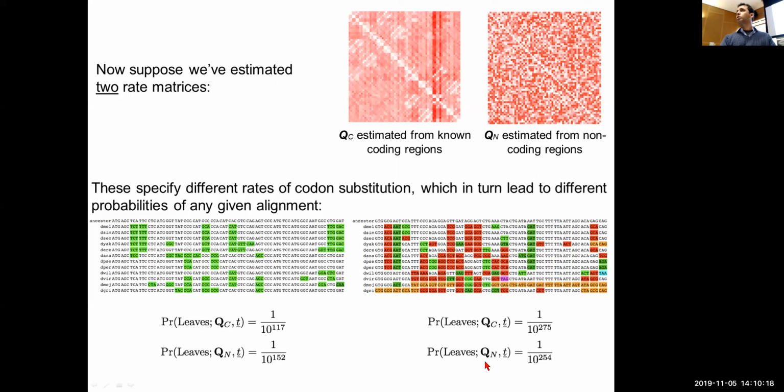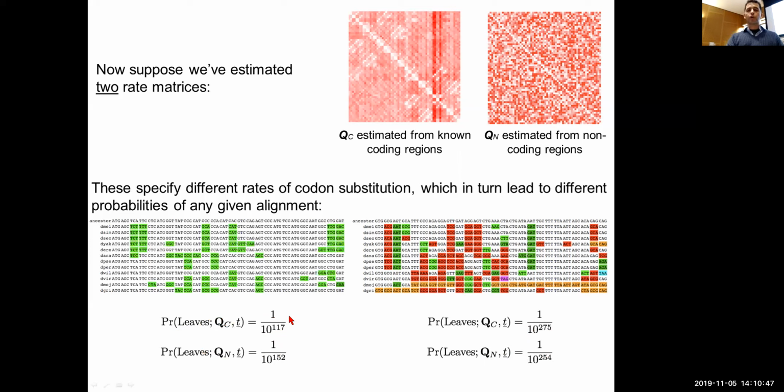This is 10 to the 30 times more likely according to a coding model. 10 to the 30, I mean, that's superbly strong. And this is 10 to the 20 times more likely according to the non-coding model. Everybody with me here?